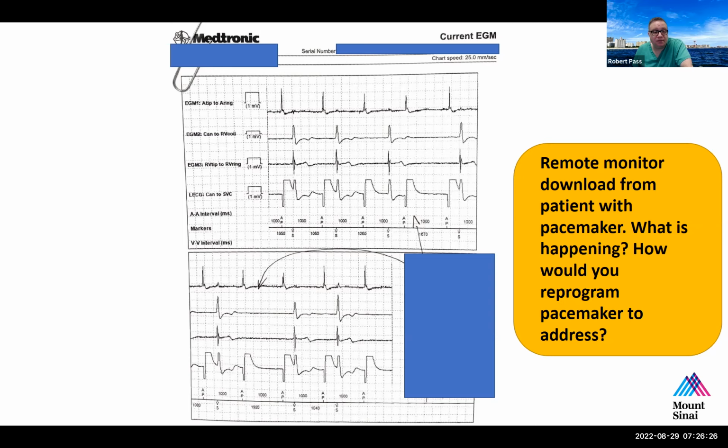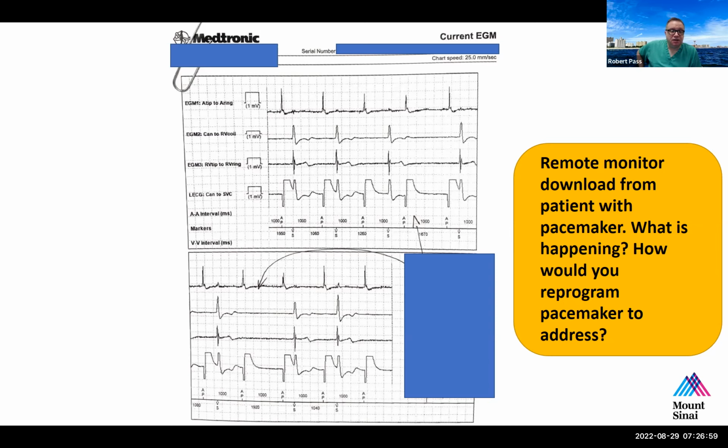Since the majority of the beats on a Zio or a Holter were conducted, the decision was made to leave the patient in an AAI mode and not turn on MVP pacing, even though it meant that the patient would have these pauses intermittently. The patient felt so much better like this that they elected to do that. Now, can you think of any other negative impacts?